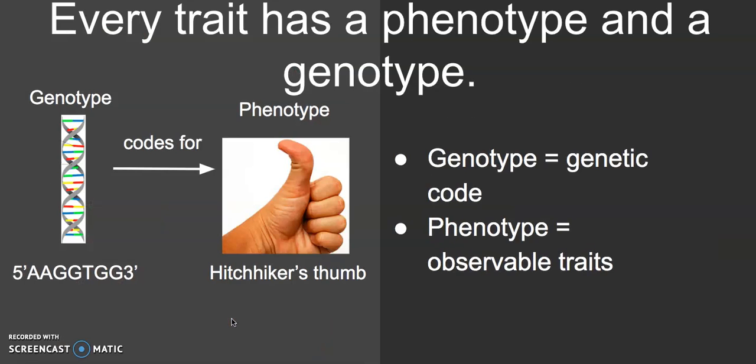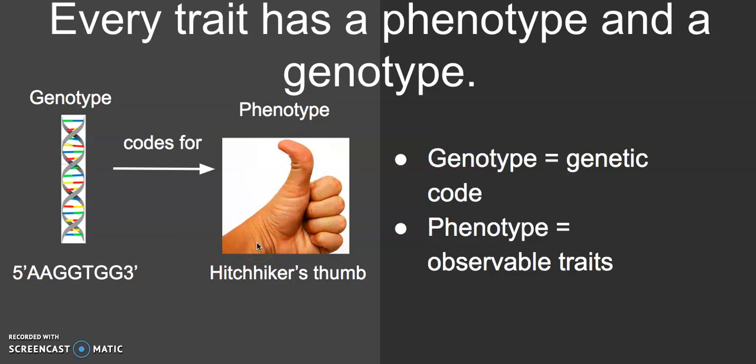As I've said, every trait has both a phenotype and a genotype. A genotype is a set of nucleotides that then codes for RNA and then codes for a protein. So a set of adenine, adenine, guanine eventually codes for a particular protein, and that protein is phenotypically expressed in a person.